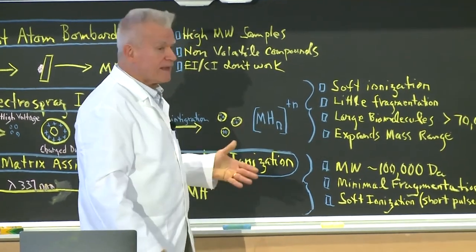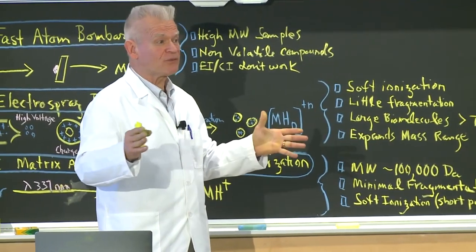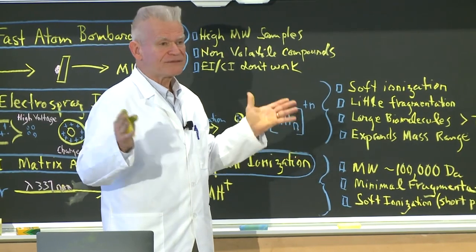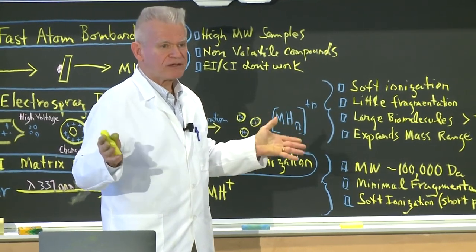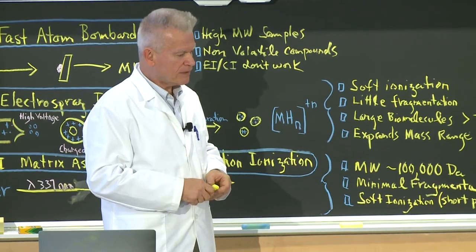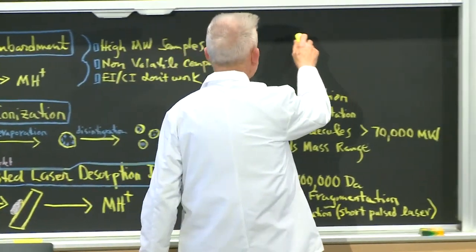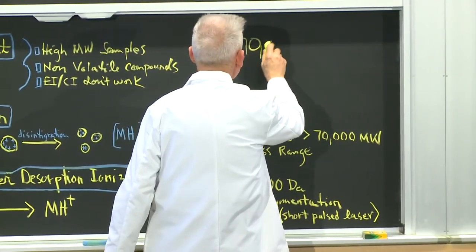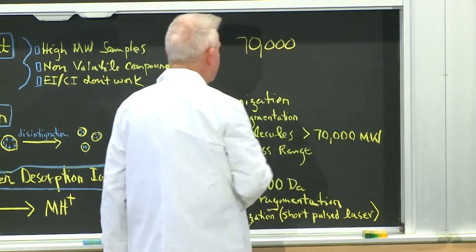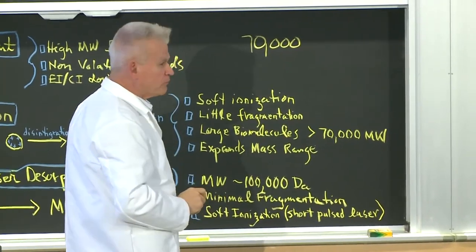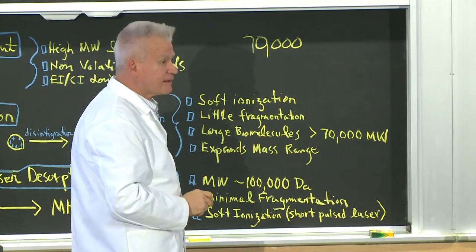And what that does is it expands the mass range. Let's say, for example, you have a molecule that maybe weighs 70,000, and you produce an M+20 peak.